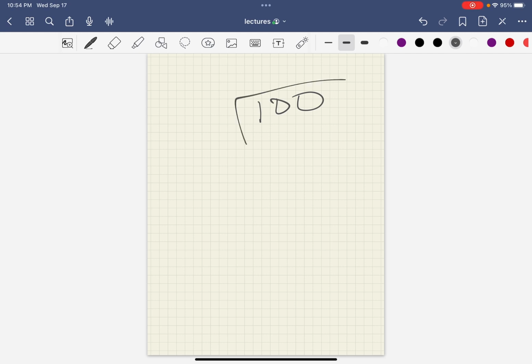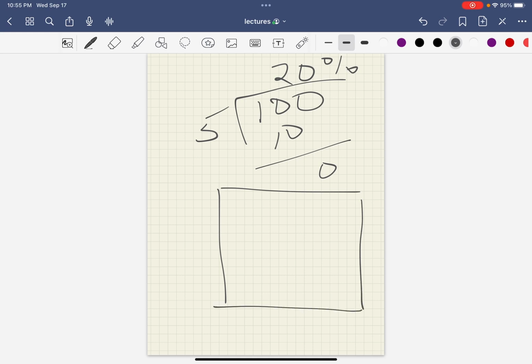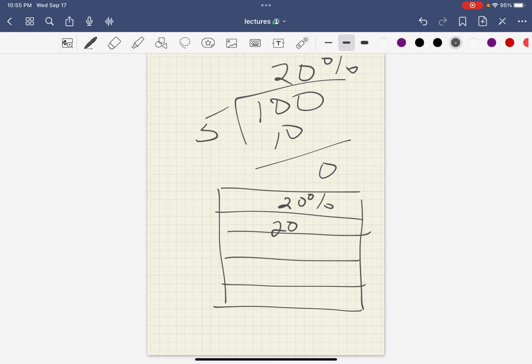So it wants to know fifths, so divide it by 5. Okay, so each fifth is 20%. So if we break it up into 5 pieces, 1, 2, 3, 4, 5, each piece is 20%. So 1/5 is 20%, 1/5, 1/5.